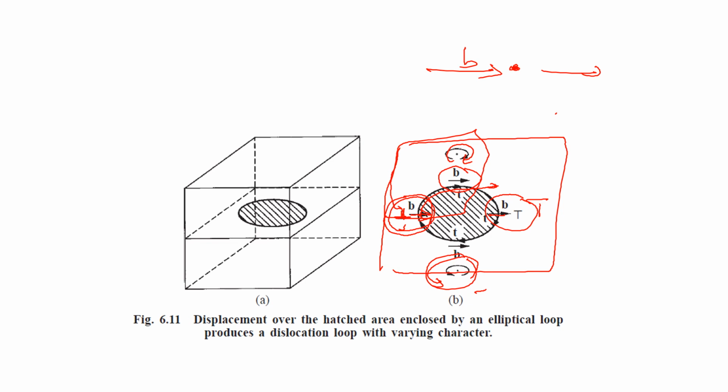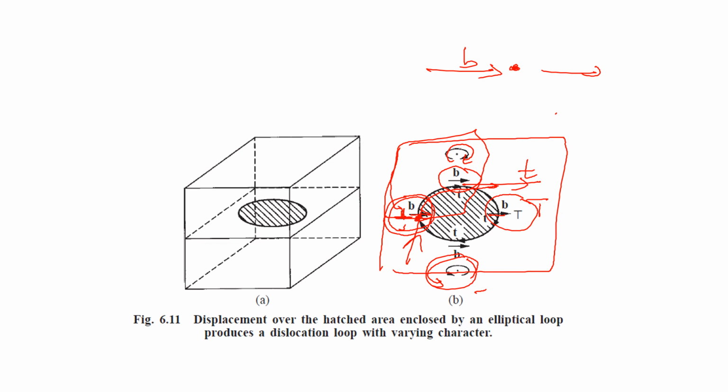And the t vectors of all the dislocations meeting at a node must either point towards it or away from it. See, in this case, this is the t vector. It is towards it. And here you can see this is a t vector. It is away from it.